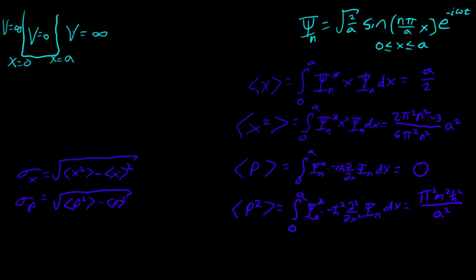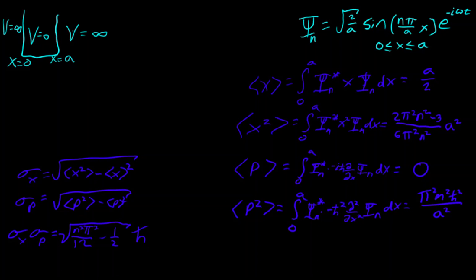If we skip some of these steps and just find what sigma x, sigma p is, it is the square root of n squared pi squared over 12 minus 1/2, inside the square root, all times h bar.